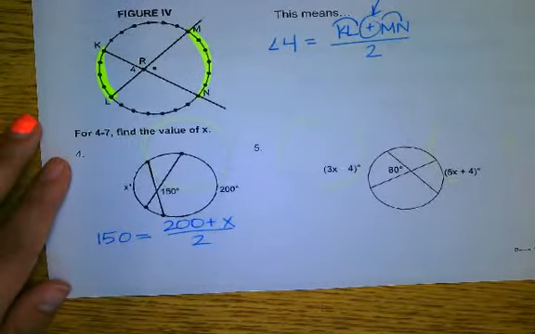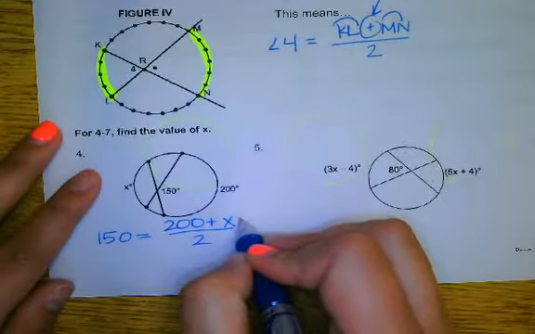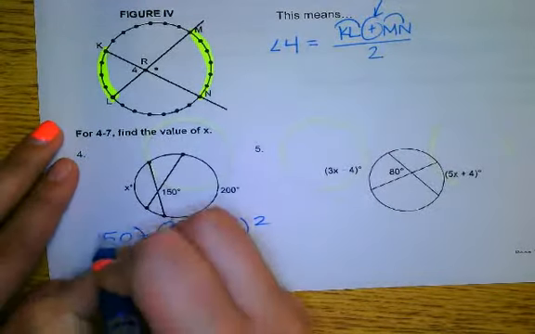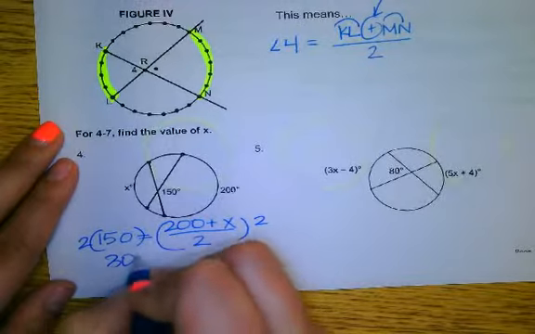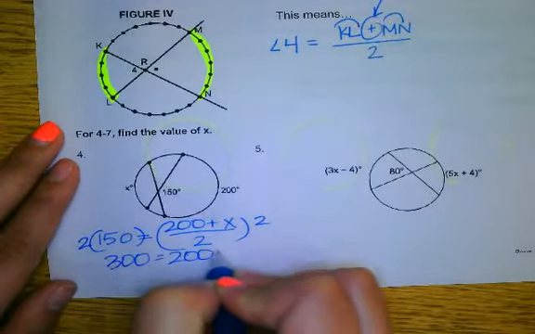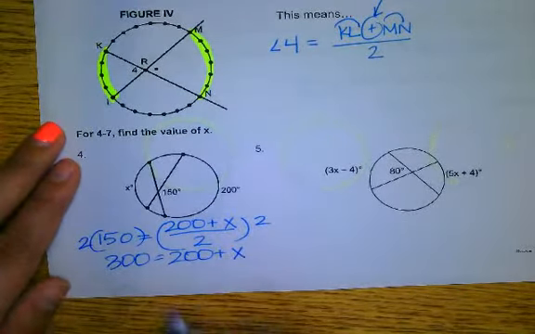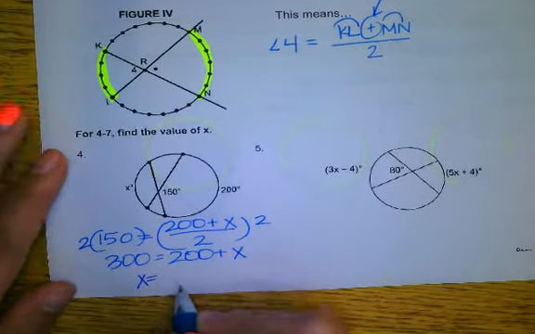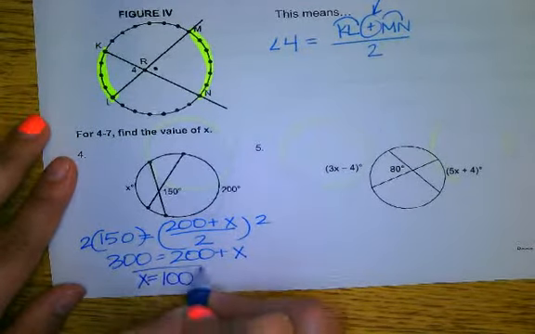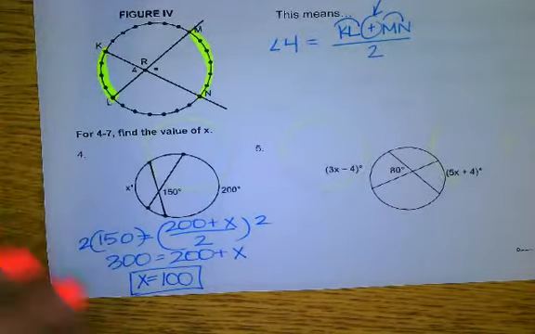Okay, if you solve for x, you're multiplying both sides by 2. 300 equals 200 plus x. So x equals 100.